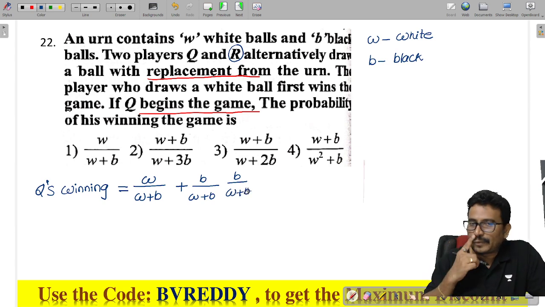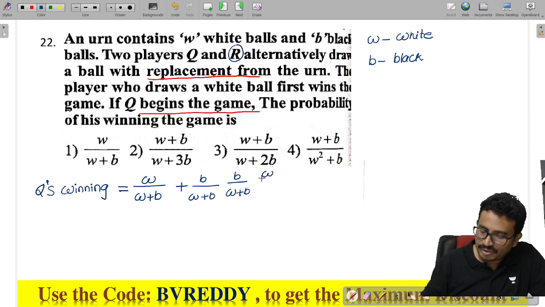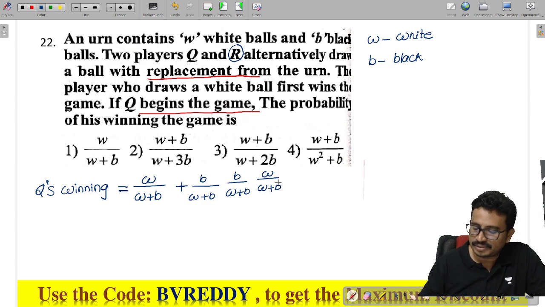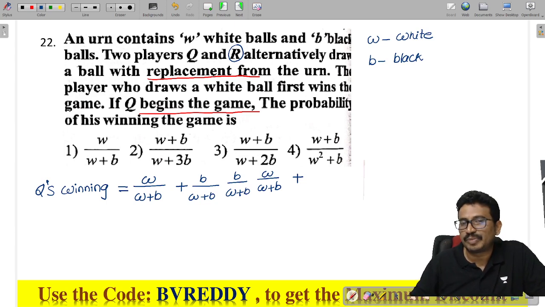So here the first time Q fails and the first time R fails, then the second time Q has to win. Q wins means he has to pick the white ball, W by W plus B. Plus the second time: let us say the second time Q may also fail.